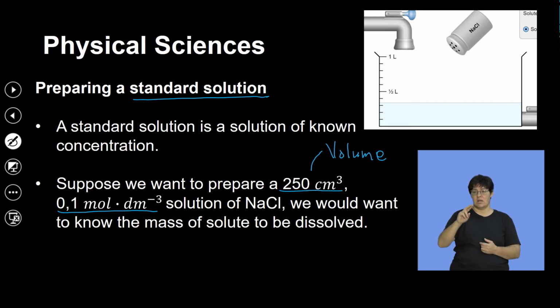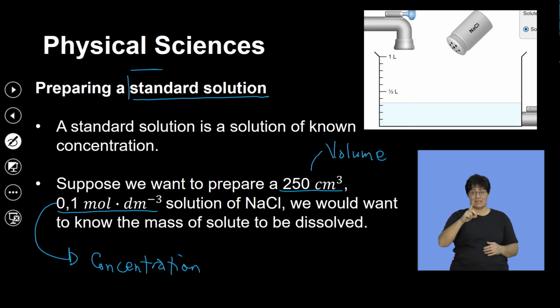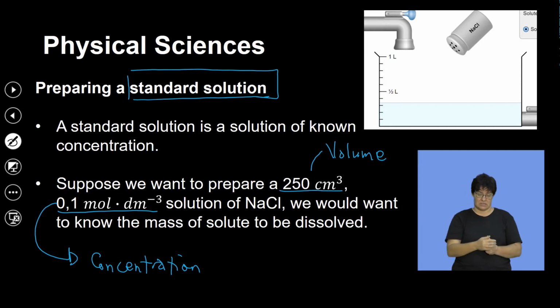We want to know the mass of the solid to be dissolved so that we get that concentration for that volume. Do we know the concentration of the solution? Yes. If we know the concentration, which is 0.1 moles per cubic decimeter, then that solution can be described as a standard solution, right?